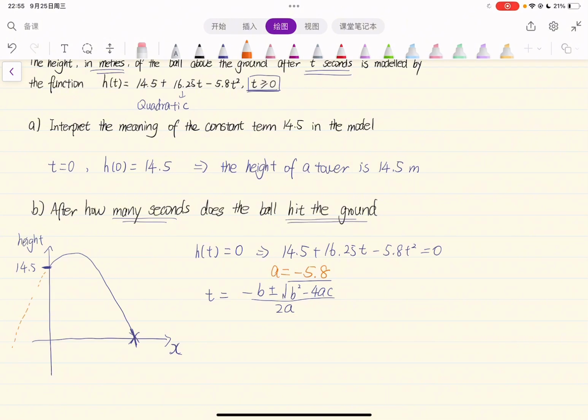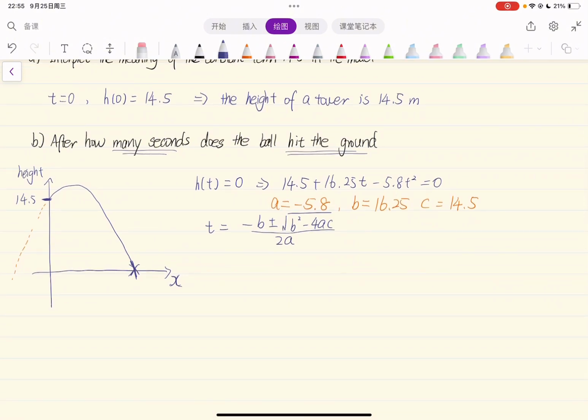Here it is just t squared. And b equals 16.25. c equals 14.5. And we substitute these numbers into the formula. We write that equals minus 16.25 plus or minus the square root of 16.25 squared minus 4 times minus 5.8 times 14.5, and over 2a.